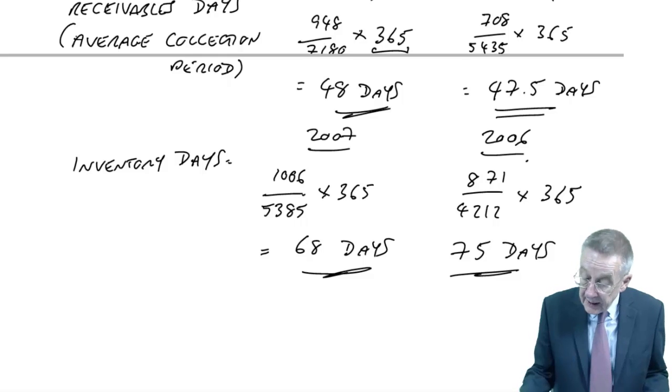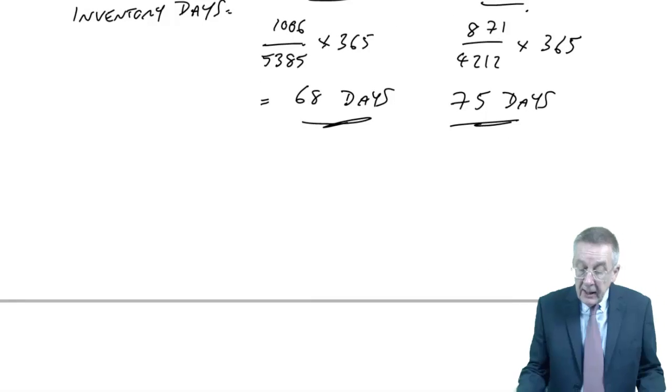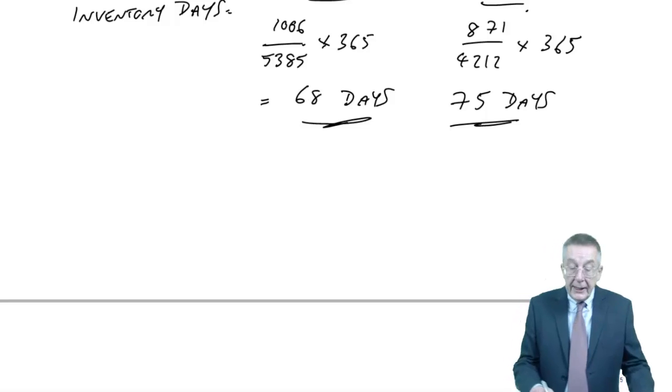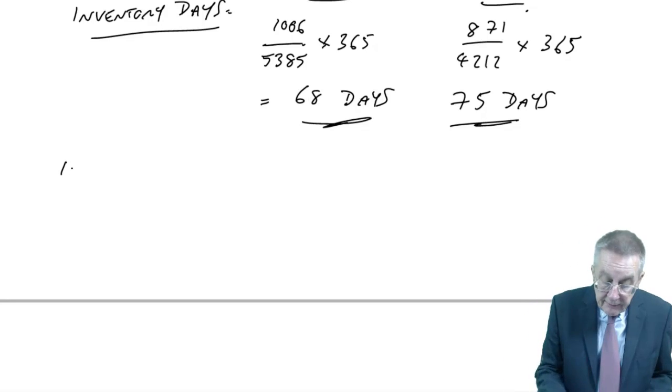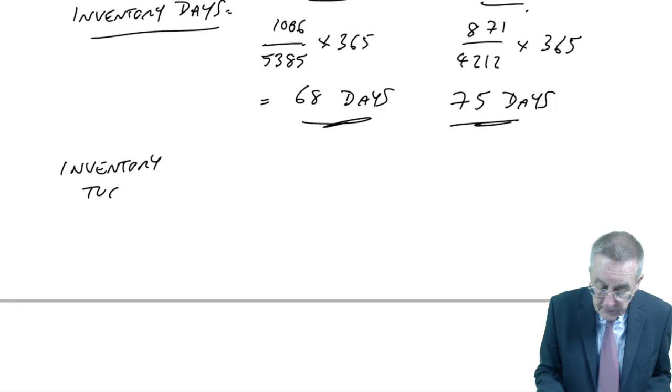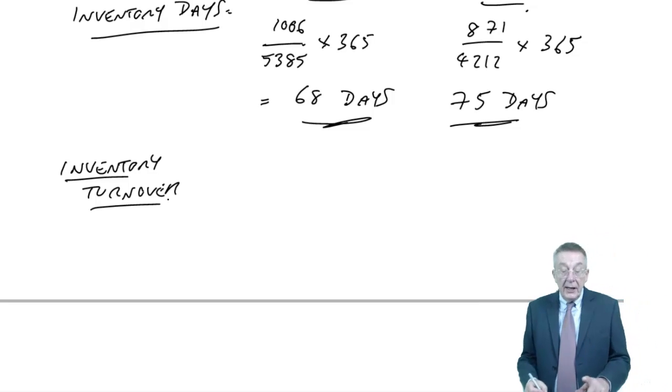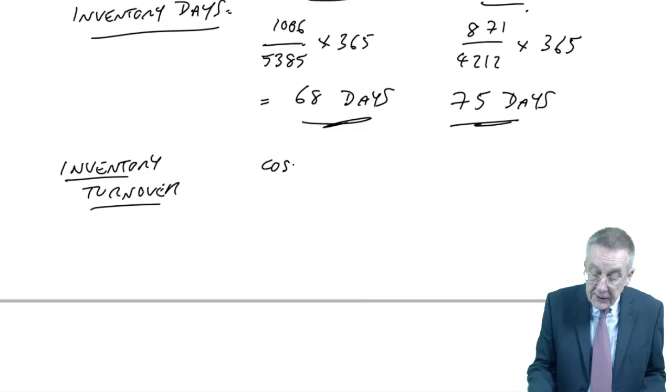Incidentally, not in the notes, but you can add it in. You can look at this in a slightly different way. Instead of looking at inventory days, you can look at inventory turnover. And inventory turnover is cost of sales divided by inventory.